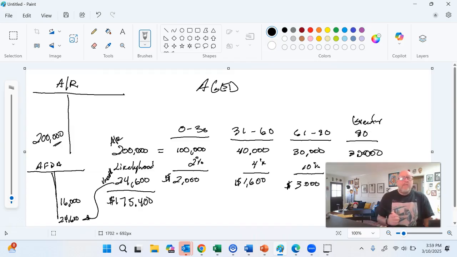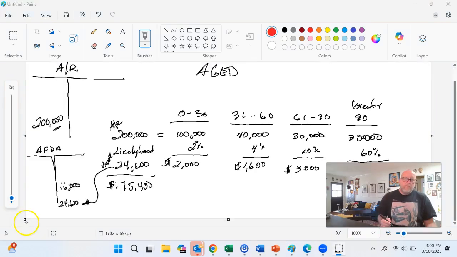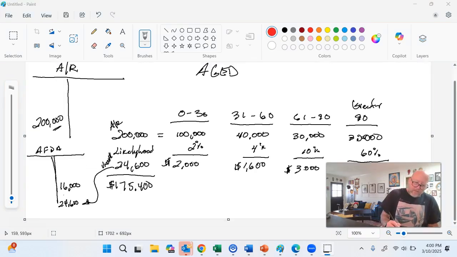And you guessed it, I can't do it in my head. I can't even speak English. But anyway, 24,600 minus 16,000 is, can't do it. Okay, based on my calculator, the adjusting entry should be 8,600.